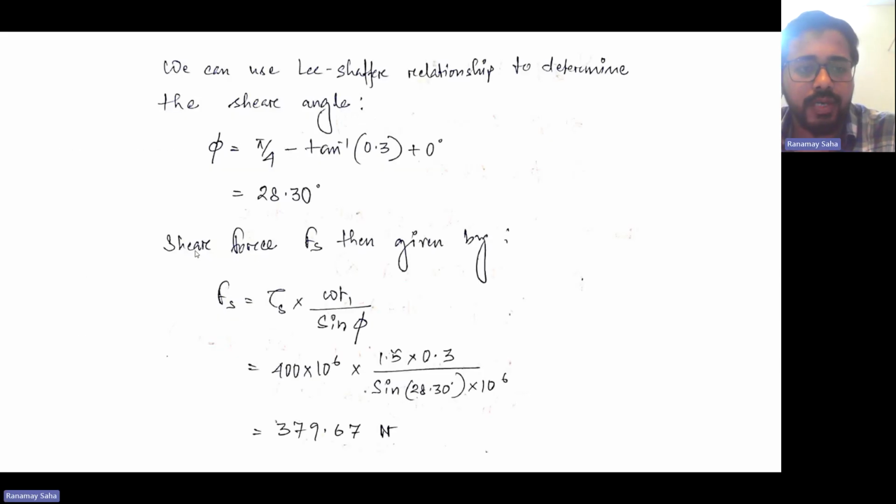Now here you can find out the shear force, which will then be used in the next step to find out the cutting force value. The shear force is given by the shear stress multiplied by the net effective shear area. So here it is the width of cut w, and the uncut chip thickness divided by the sine of the shear angle gives you the net effective shear area, multiplied by the shear stress. You will get the shear force as 379.67 Newton.